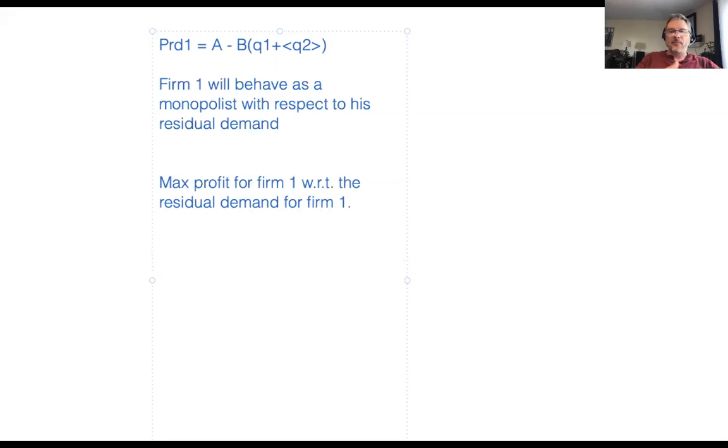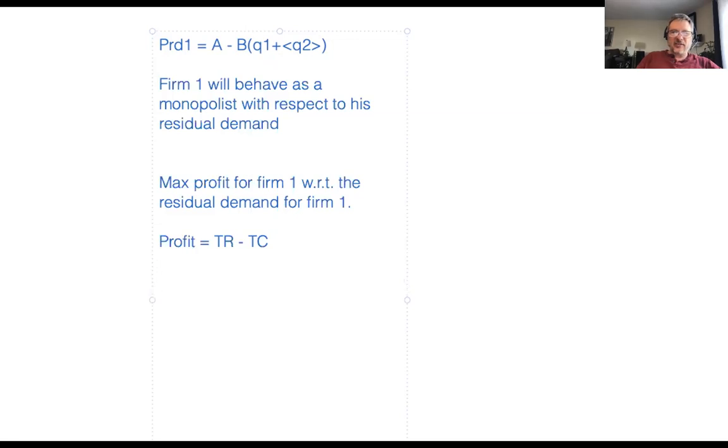Okay, there are lots of ways that you could label these things, because you could talk about the residual profit and stuff like that, but I'm just going to say that profit is equal to total revenue minus total cost, right?